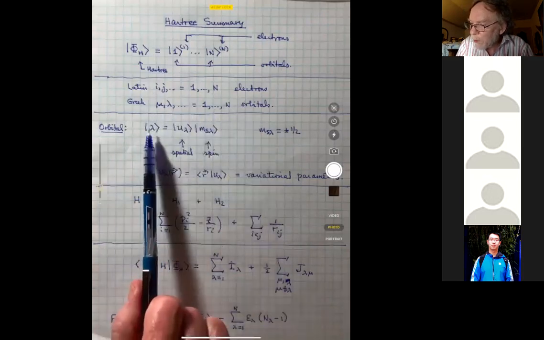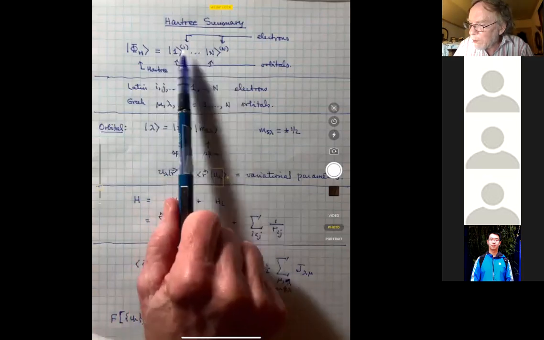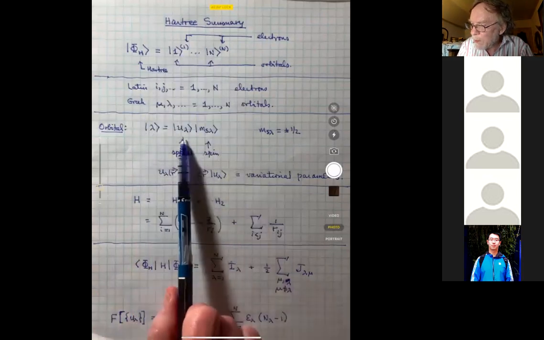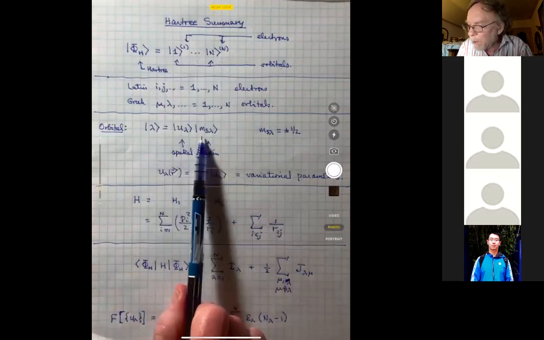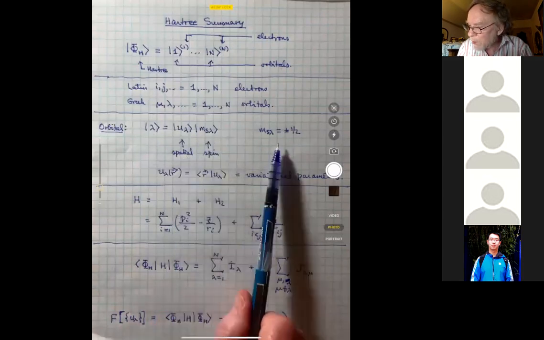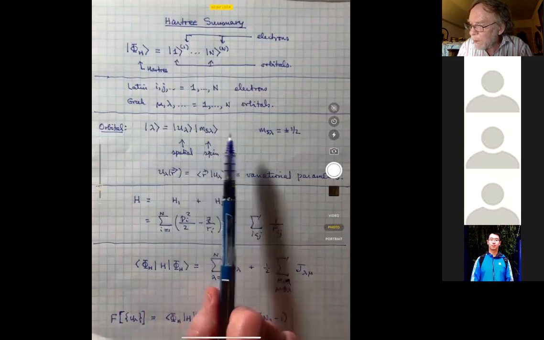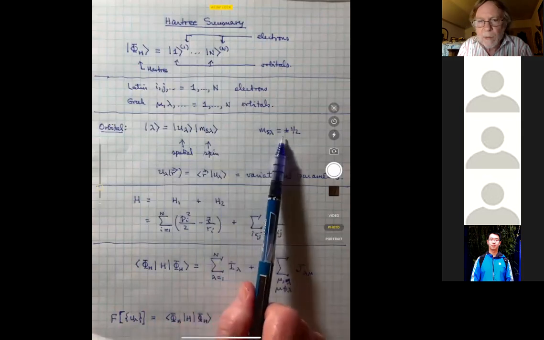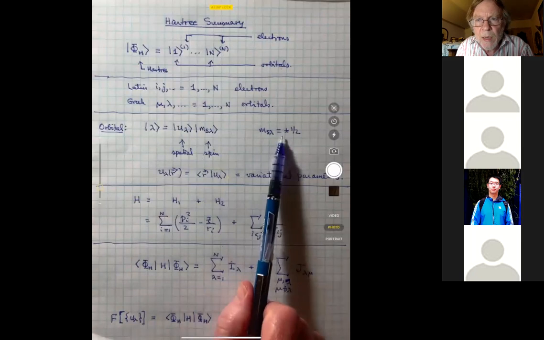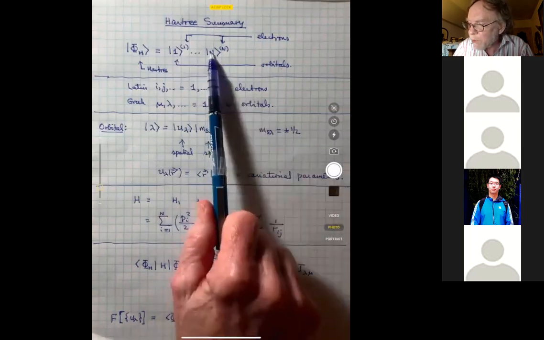Each one of the orbitals that appears in the Hartree trial wave function is assumed to be a product of the spatial times the spin part. The spin part is assigned a magnetic quantum number, m sub s sub lambda equals plus or minus a half. We just assign those at the beginning when we're setting up this trial wave function.